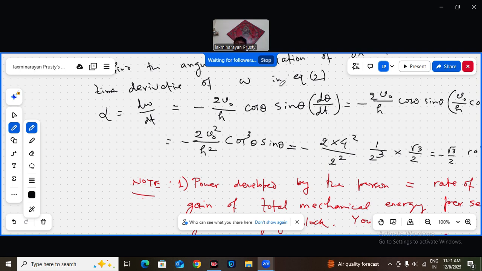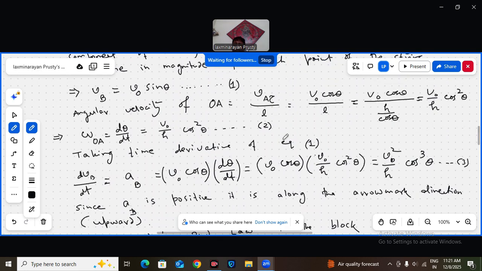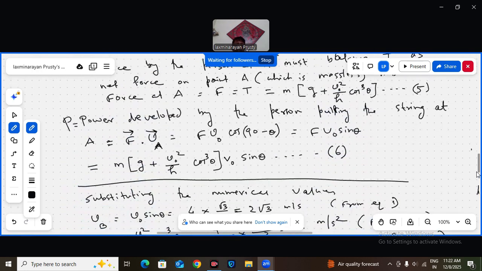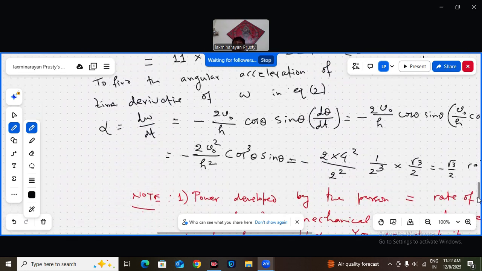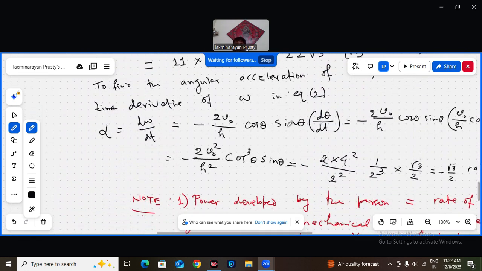Time derivative of omega, d omega by dt. Omega was V naught by h cos square theta. Take the time derivative. V naught by h you take outside. Cos square theta derivative will be minus 2 cos theta sin theta into d theta by dt. So it is minus 2 V naught by h cos theta sin theta, and d theta by dt is omega.